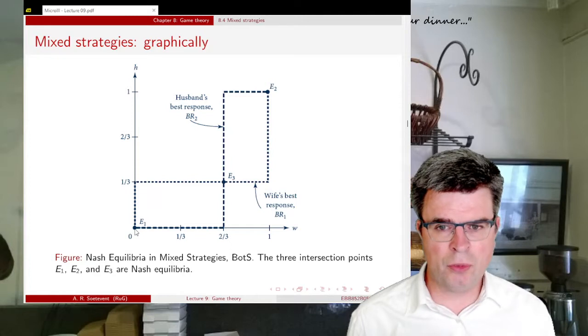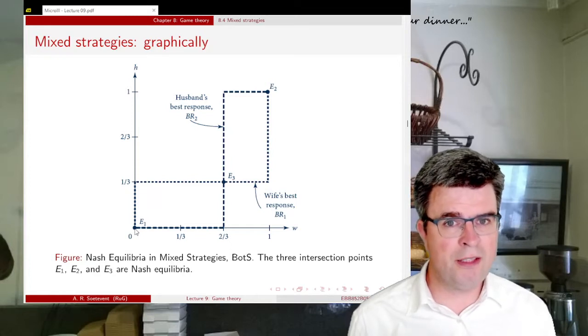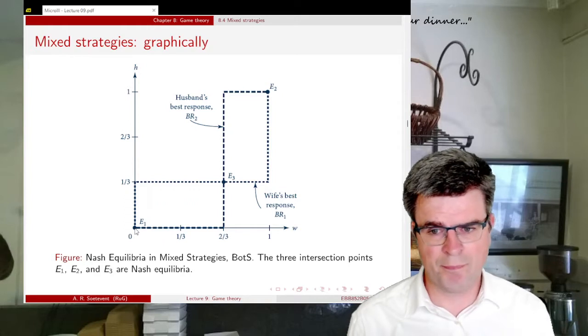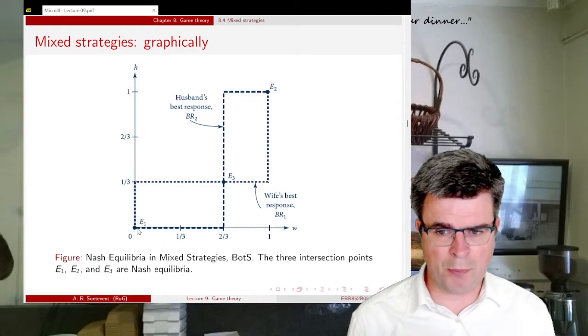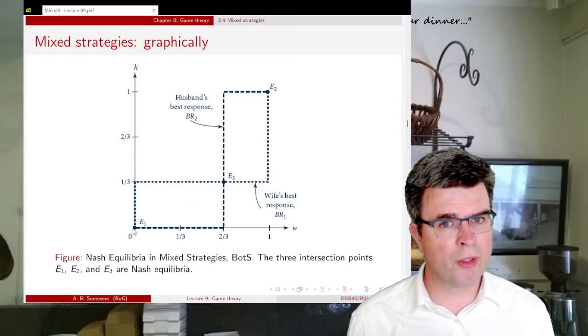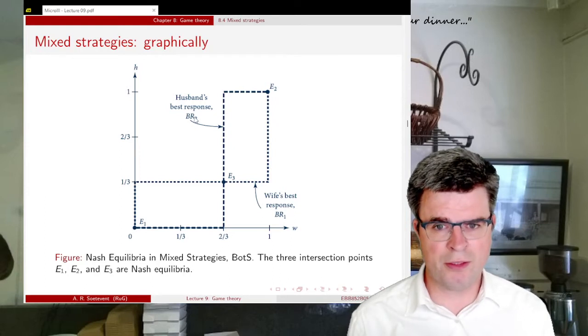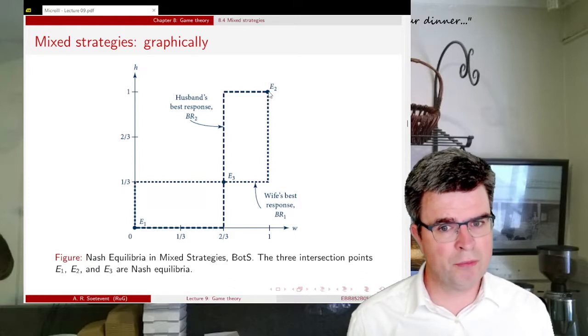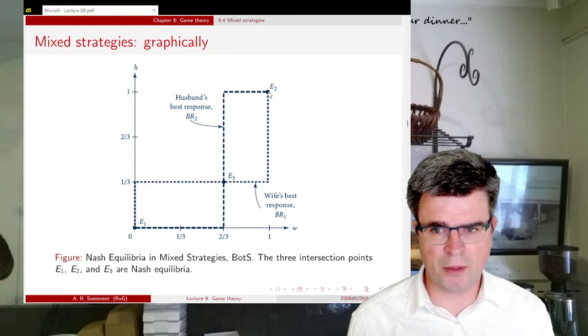And combining the two best response functions, we easily find all the equilibria by looking at the points where the two best response functions intersect. And they do so at the point 0, 0. So that's one of our equilibria in pure strategies. The second equilibrium in pure strategies is the point where both choose Sweden with probability 1 or Italy with probability 1.